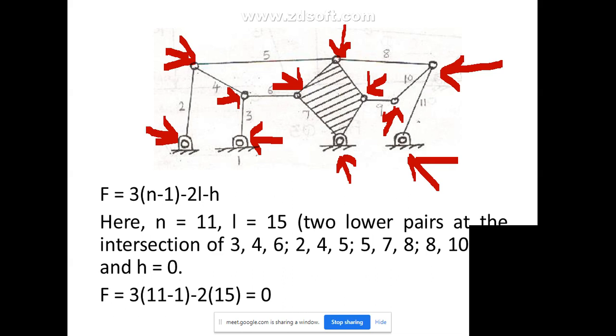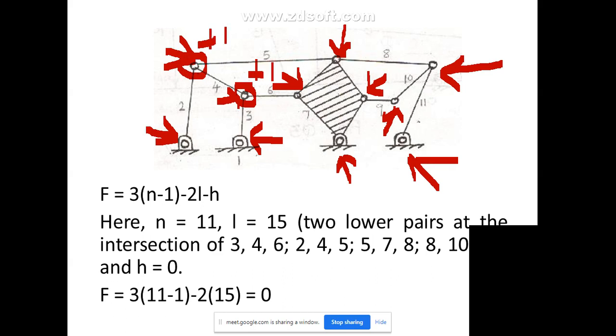Where 2 lower pairs are to be considered, you have to count it. At the combination of 3, 4, 6, at this joint you have to take plus 1, because three links are joined at this point. Then the combination of 2, 4 and 5, this joint also you have to add plus 1.